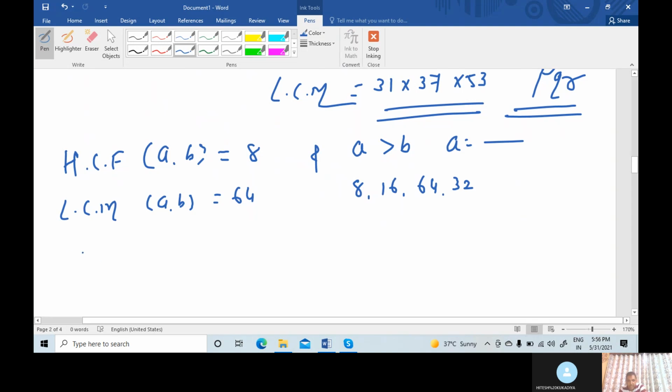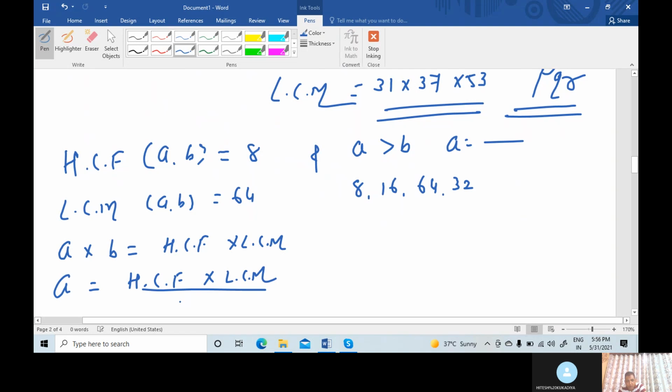Use the formula: A into B equals HCF into LCM. So we find A: A equals HCF into LCM upon B. Otherwise, you can apply it for B also.